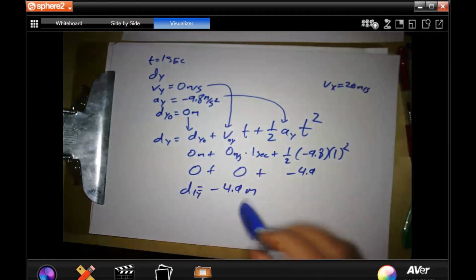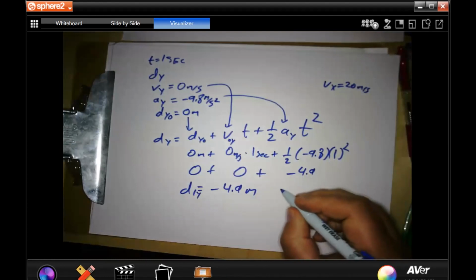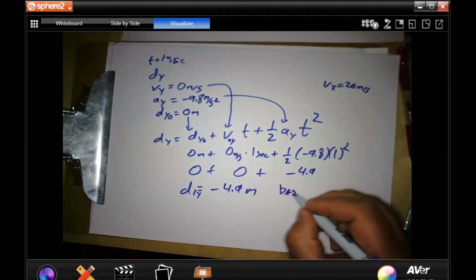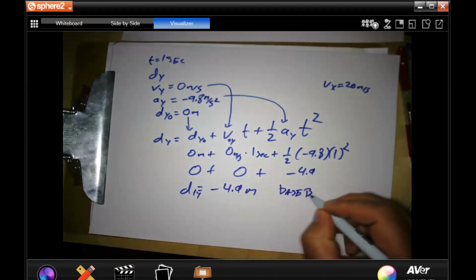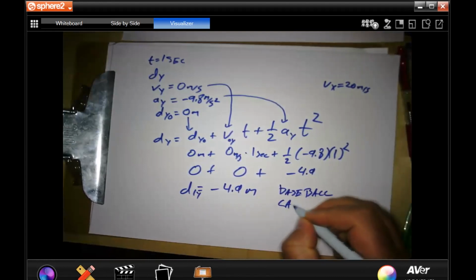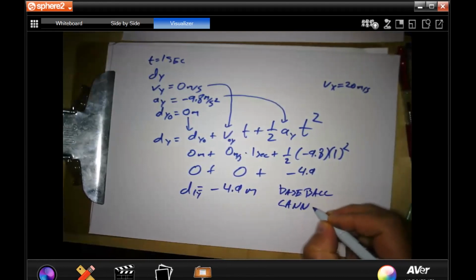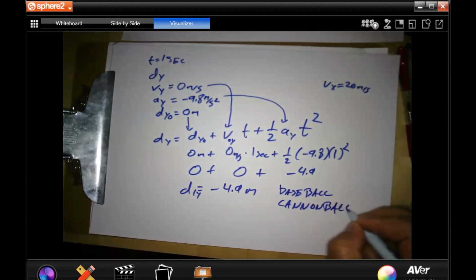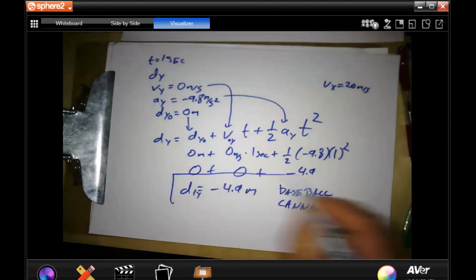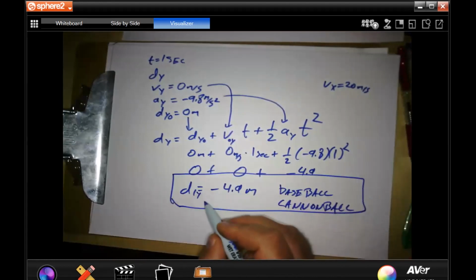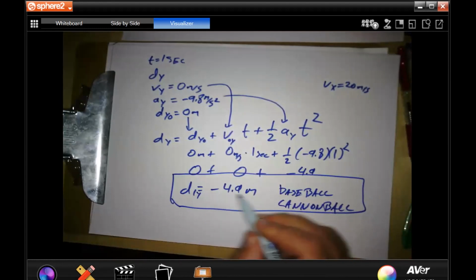So this is going to be the same for both the baseball and cannonball. So that is going to be your y component for both the baseball and the cannonball.